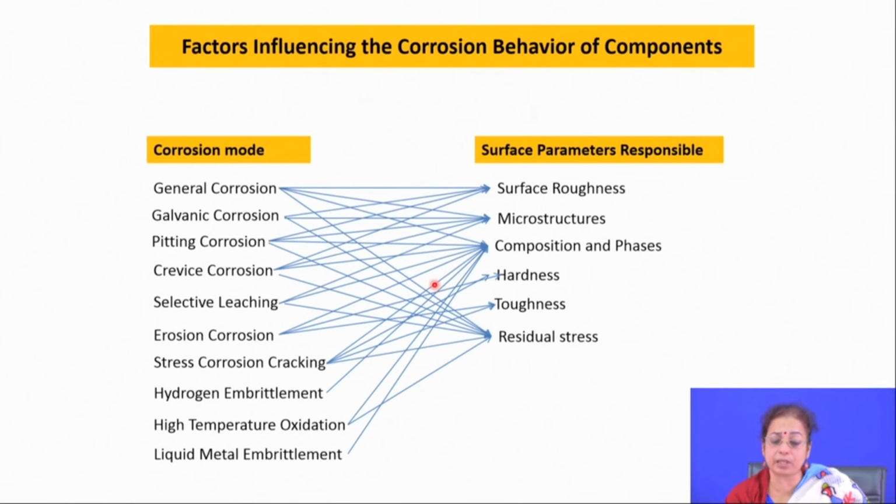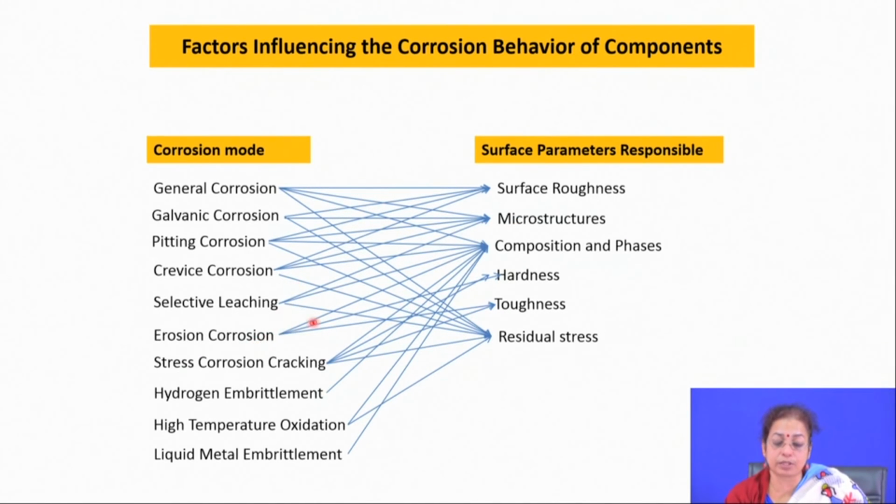For pitting corrosion, again surface roughness, microstructure, composition and residual stress are important. Crevice corrosion is the same. In selective leaching, composition and phases are very important, and surface roughness is important to some extent, but not to a large extent.